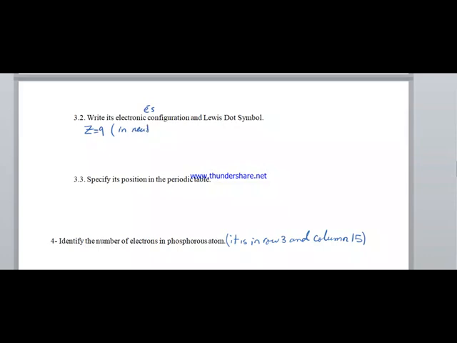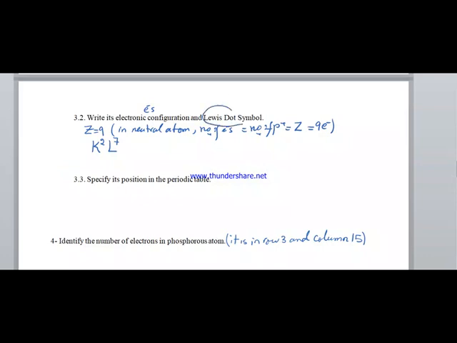In a neutral atom, the number of electrons equals the number of protons, equal to the atomic number Z. So we have 9 electrons, arranged in K and L: K with 2, L with 7.